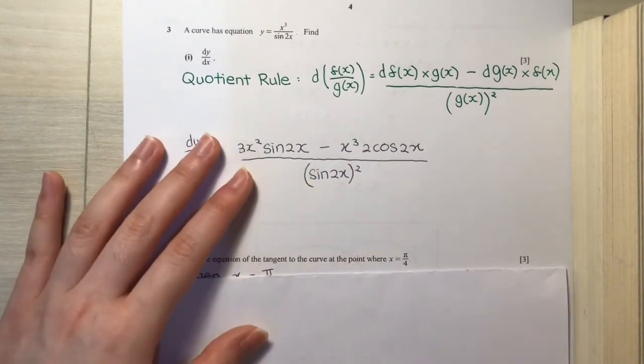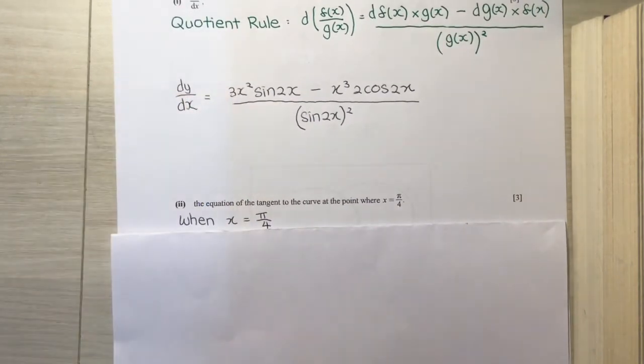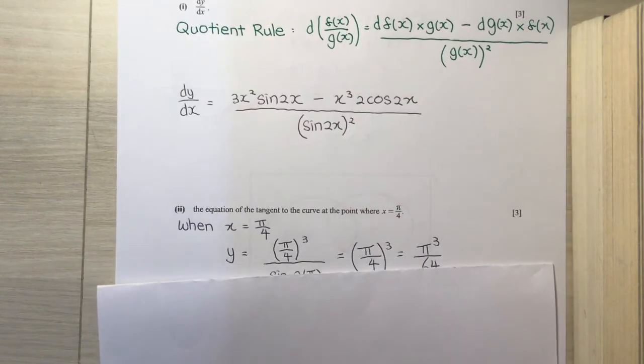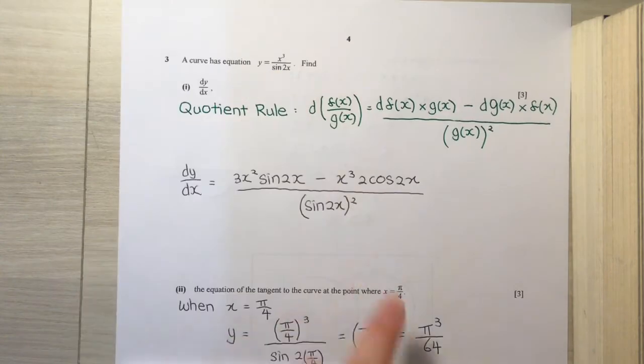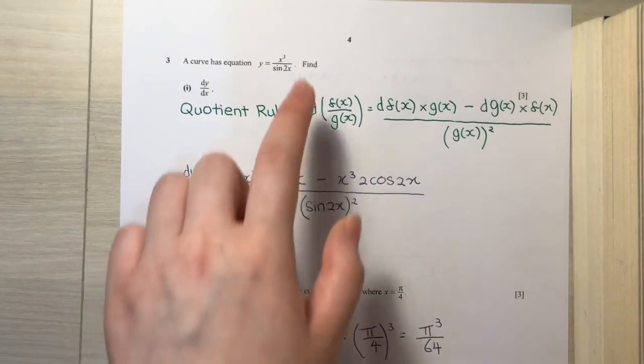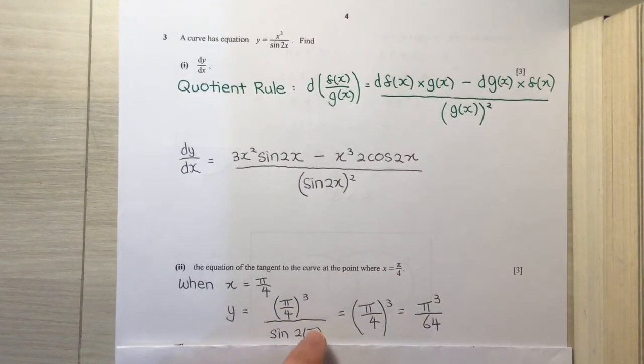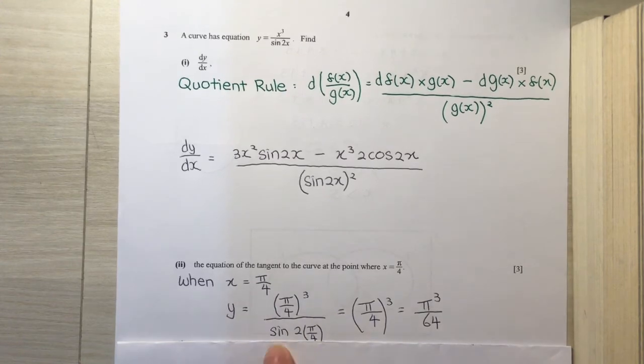Of course, when x equals pi over 4, you may first find its y, because they give you the y equation here. All you have to do is sub in pi over 4. If your calculator gives the answer in radian, you will actually get 1 for sine of 2 multiplied by pi over 4.